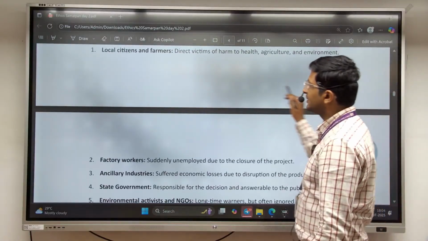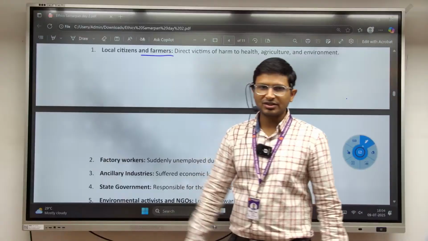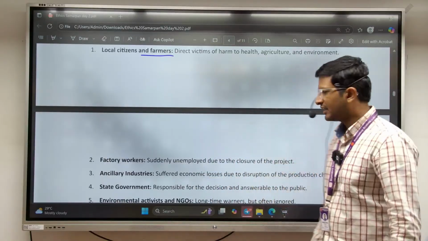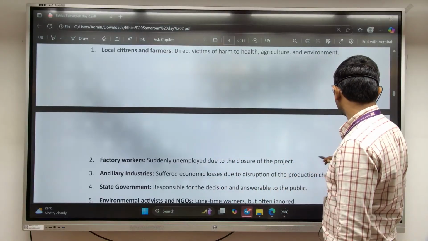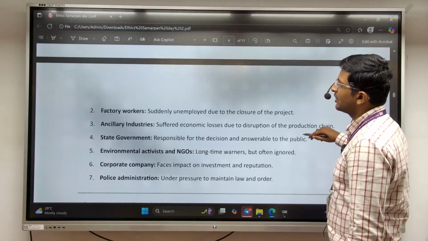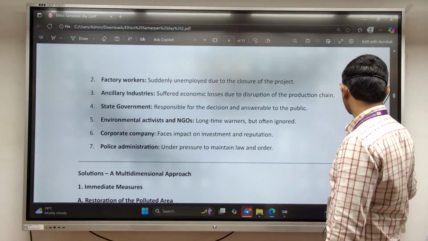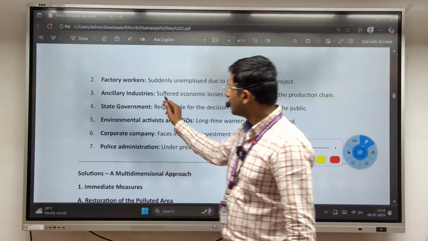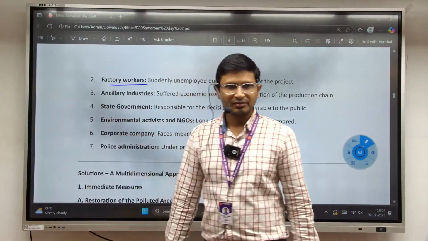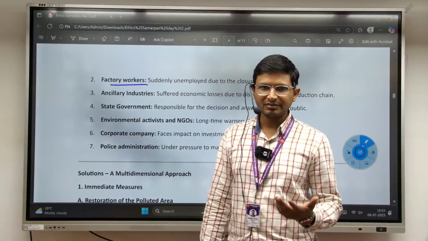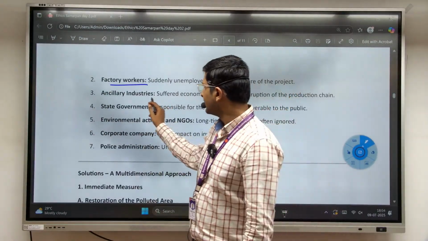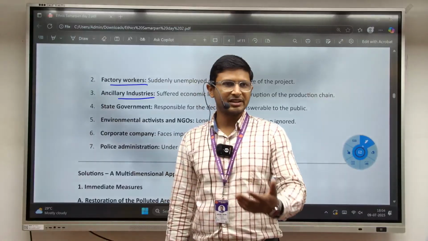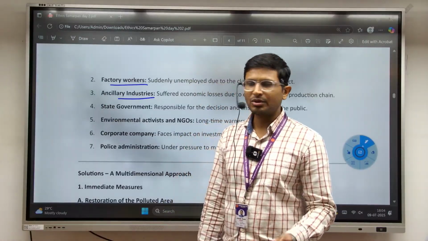First, the local citizens and the farmers are stakeholders, because we have seen that the health of the people is getting affected. We have also seen the impact on the crops, so farmers are also stakeholders. Then factory workers, of course, they are getting unemployed, so they are also affected. Ancillary industries, dependent industries, they are also stakeholders.